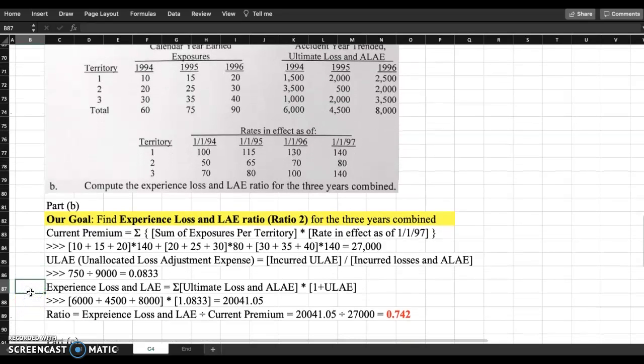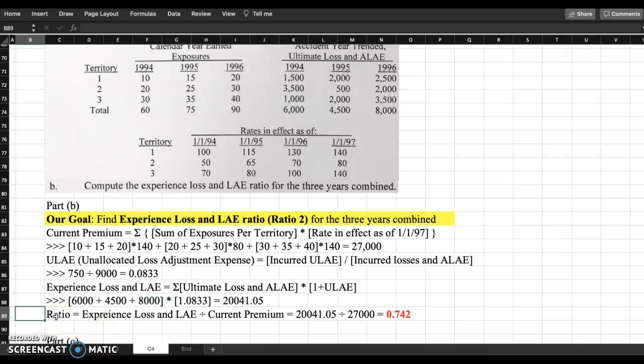Now, experience loss and LAE, that is the sum of ultimate loss and ALAE times 1 plus unallocated loss adjustment expense. Okay, so we get the total as 6,000, 4,500, and 8,000. So we add all that up and then multiply by 1 plus the unallocated loss adjustment expense. And now we have that as 20,000.